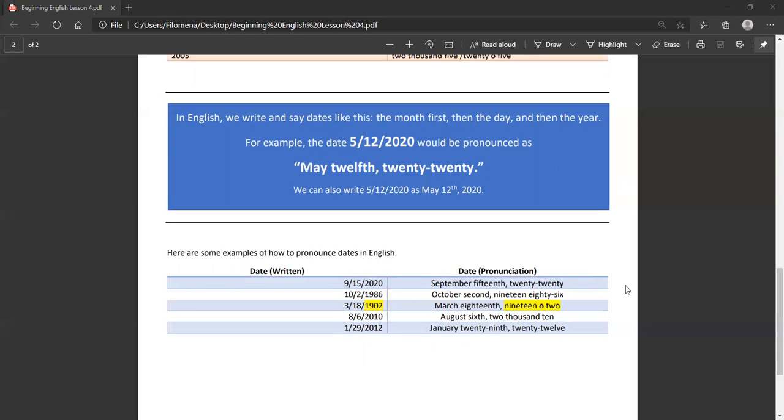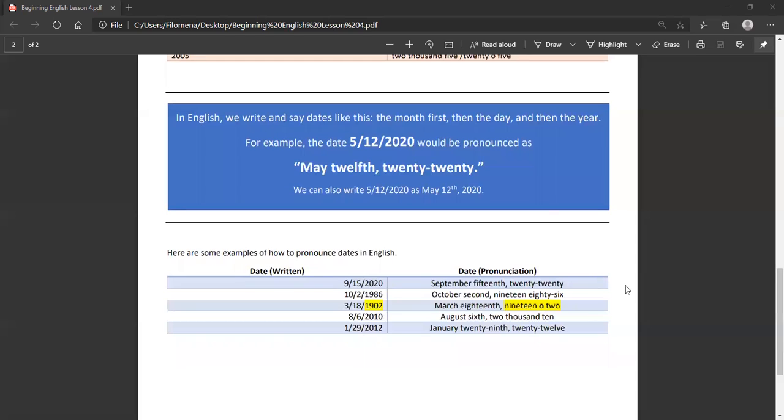So if you were stating your birthday, you would say the month, then the date using the ordinal number, and the year. For example, if I were born on February 25th, 1975, I would write 2/25/1975, and I would say February 25th, 1975.